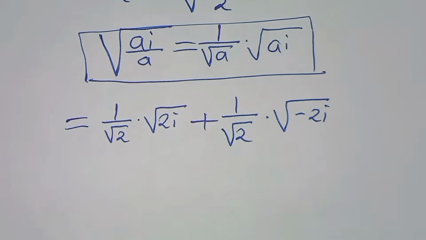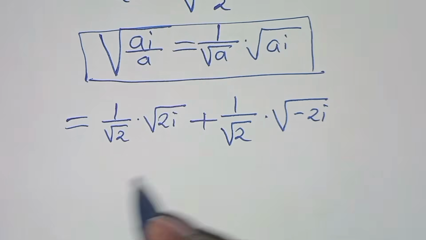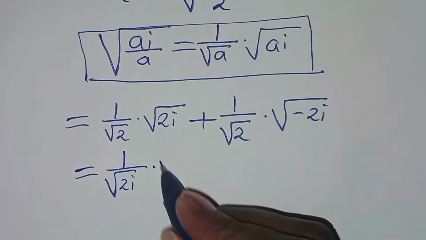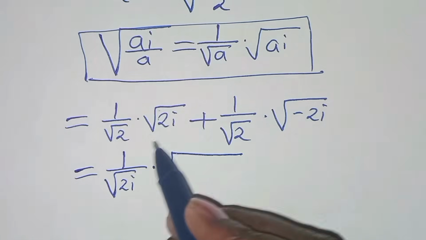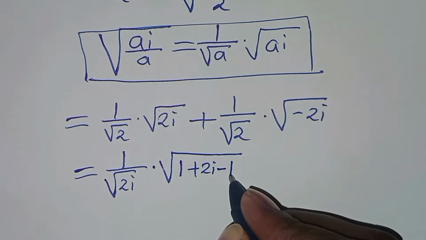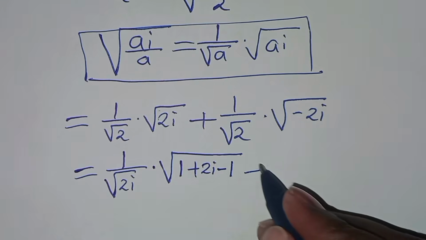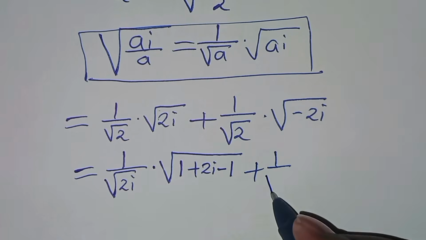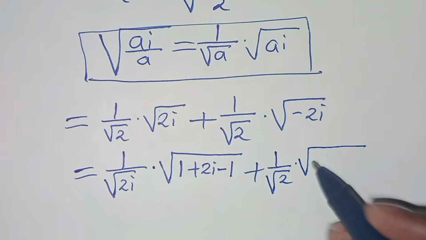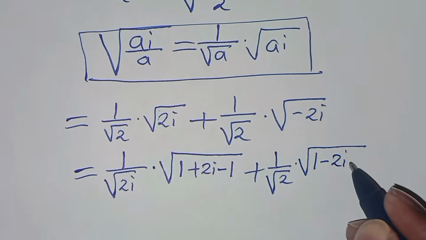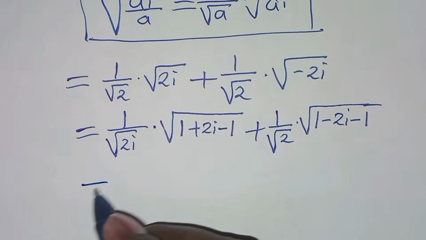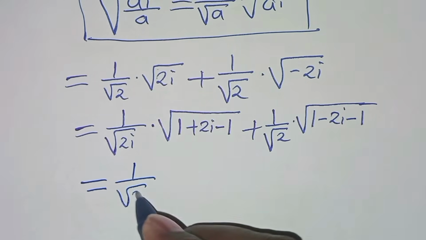The next step here, we can express the square root of 2i as 1 over the square root of 2 multiplied by, now the square root of 2i is the same thing as 1 plus 2i minus 1, plus, now here we have 1 over the square root of 2 multiplied by the square root of, now we can express negative 2i as 1 minus 2i minus 1.